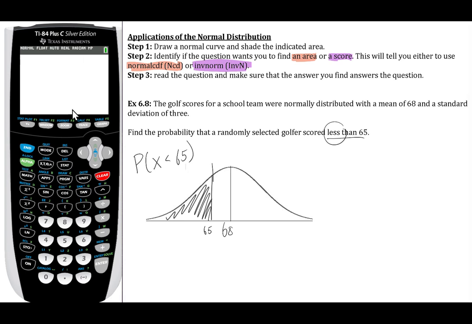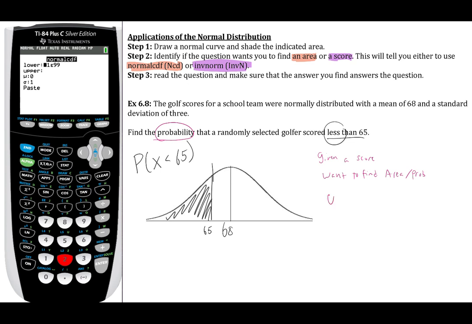We're just going to go to 2nd VARS, which brings up the distribution window in the TI calculator. We're going to choose number 2 because we have been given a score and we want to find the area or probability.